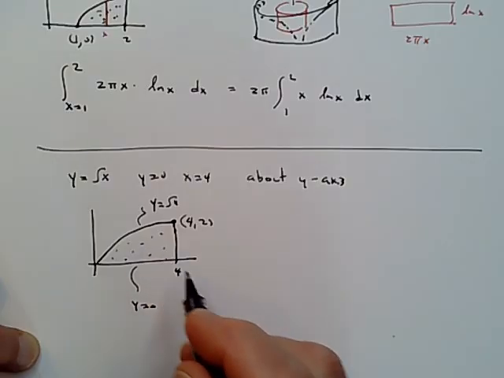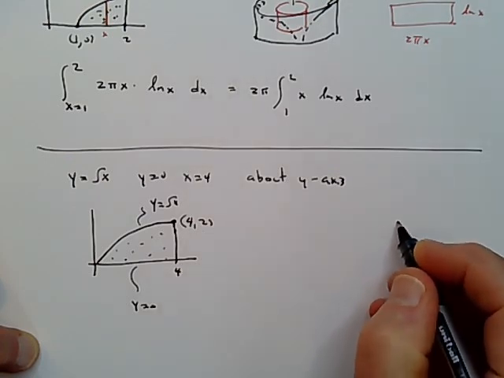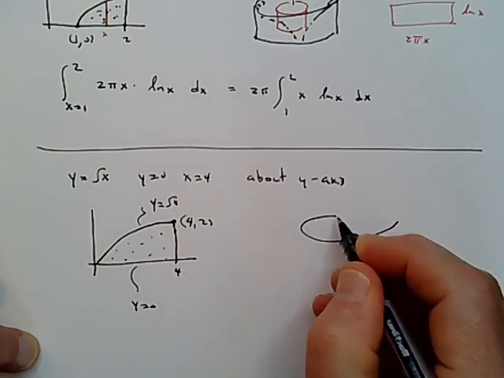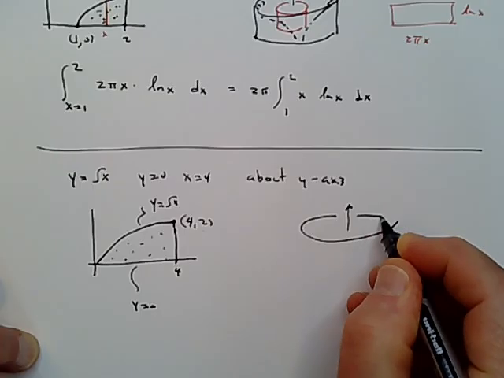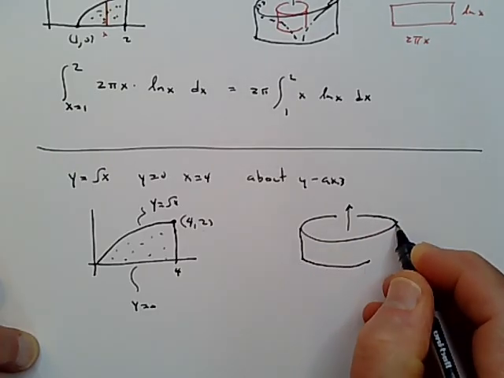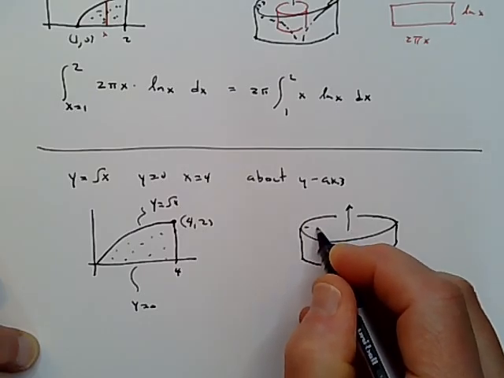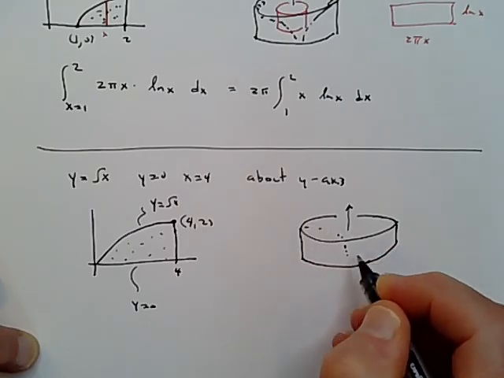We'll give it the measles. Interested in that region there. I'm spinning it about the y-axis, so I get a shape that looks like so. Like so.